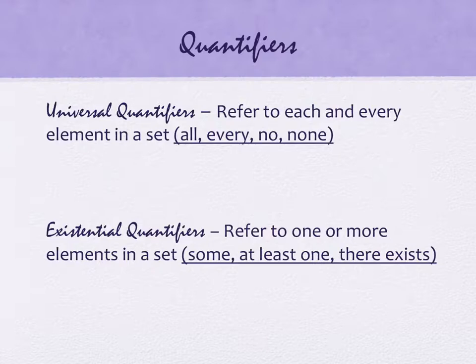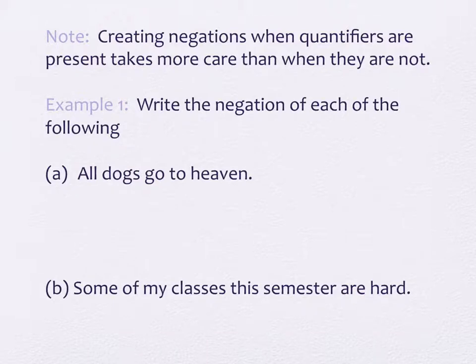Or you could say, at least once I forgot to lock my car door, okay? It's a much less volatile statement, right, than saying all and every and none. All right, the problem is that it's really tricky when we create negations with those words all and every and there exist kind of things.